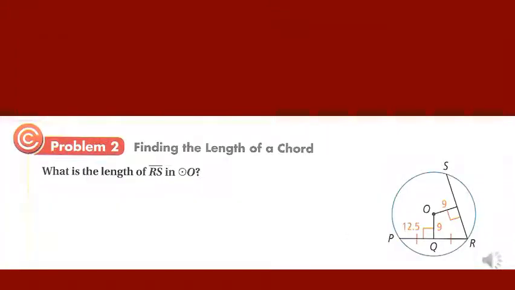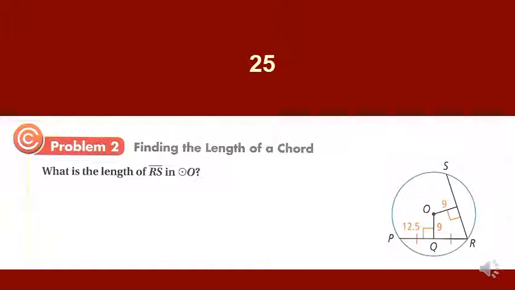And here's another really easy problem. The question says to find the length of RS in circle O. RS would be the chord that's kind of diagonal over on the right-hand side. How long is that chord? And the answer is going to be 25.